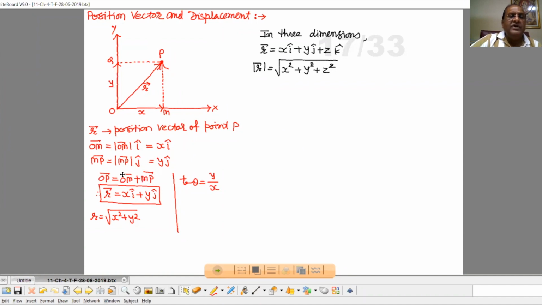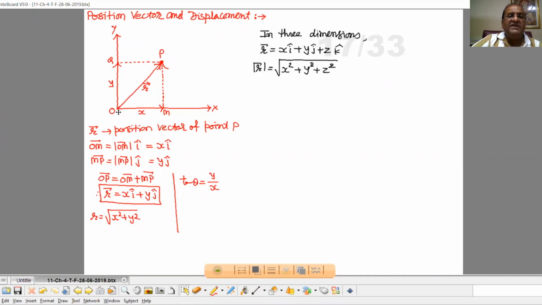Then we can write vector OM as the magnitude of OM times i caret, because it is in the x direction, but the magnitude of OM is taken as x. So vector OM is x i caret. Similarly, vector MP is y j caret.